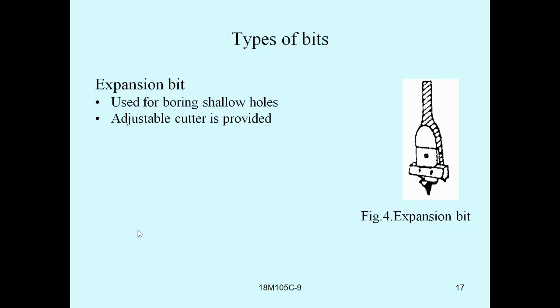In this type of bit, an adjustable cutter is provided. So we have to cut the material with the help of that adjustable cutter. Next, holes of 13 mm to 125 mm diameter can be made with this expansion bit.